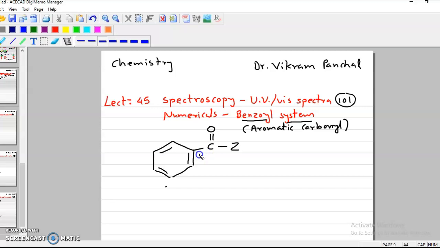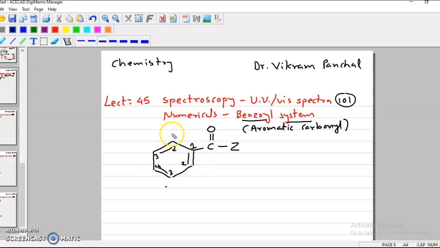Now once you put the CO group at any one position of carbon of benzene, this carbon will be number 1. Then the 2 carbons next to it have number 2, then 2 more carbons have number 3, and only 1 carbon has number 4.